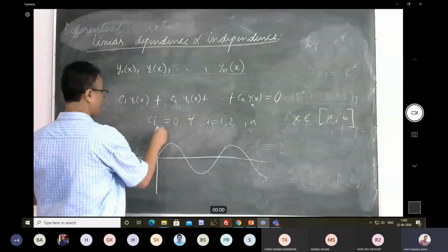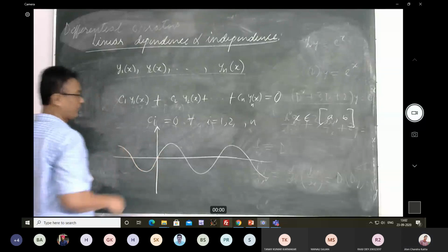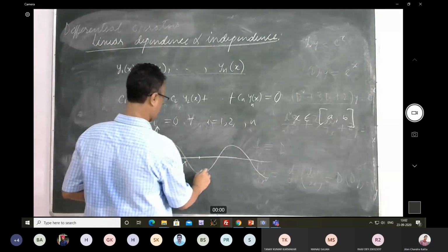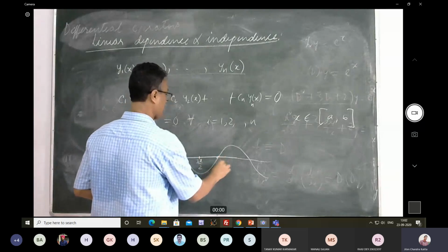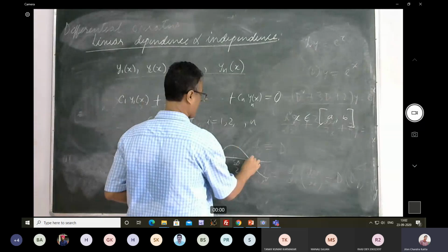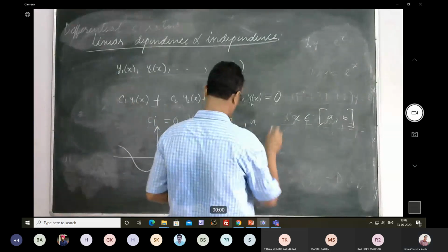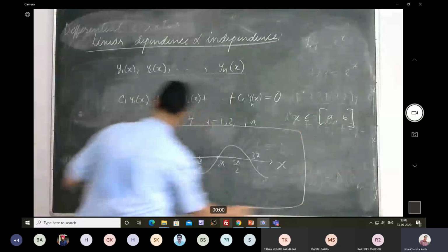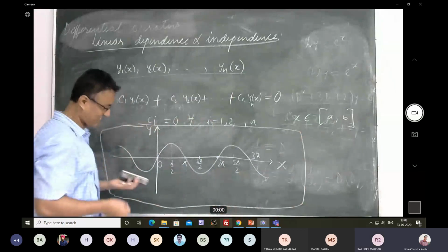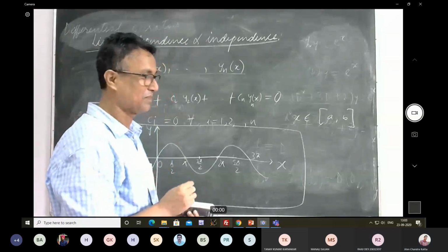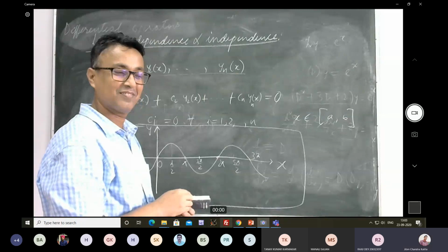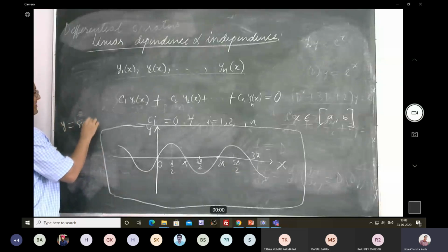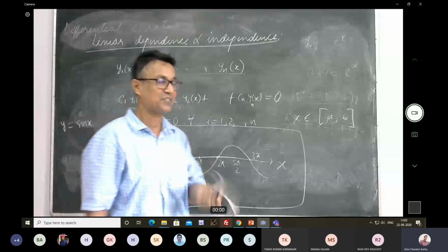This is a graph of what? Sin x. Now I am going to ask, how do you know this is exactly sin x?